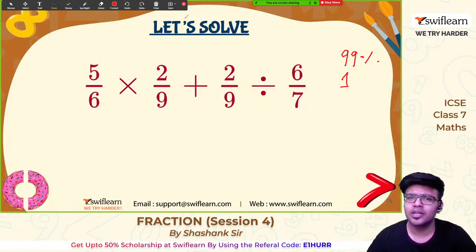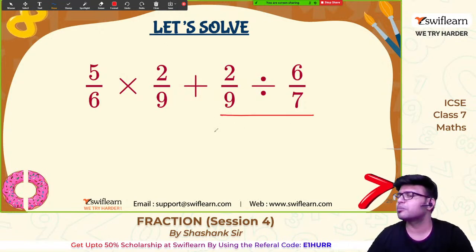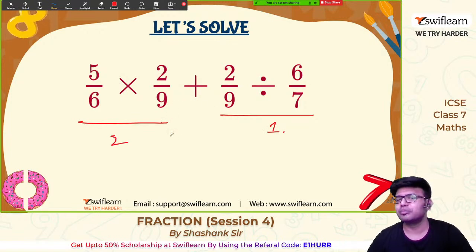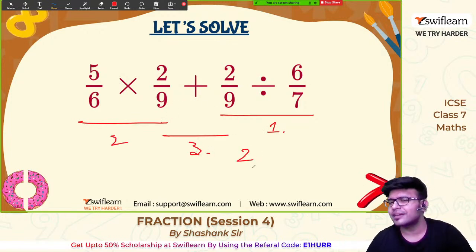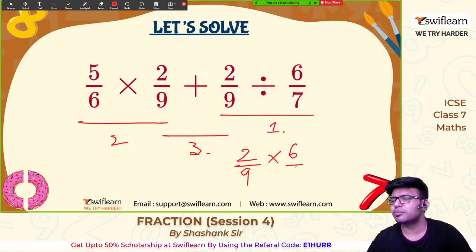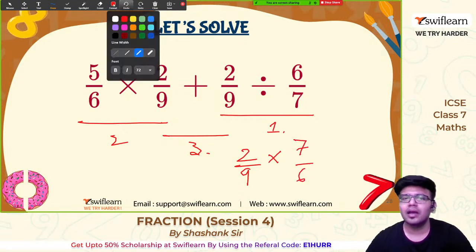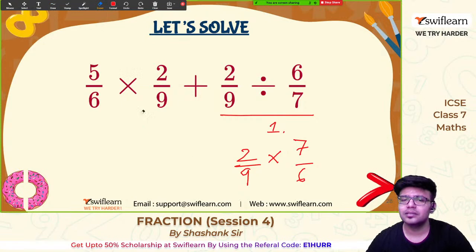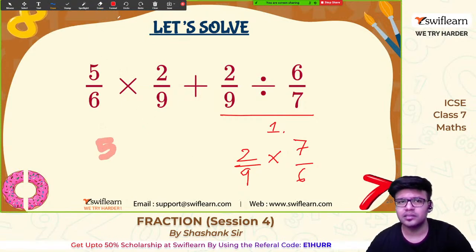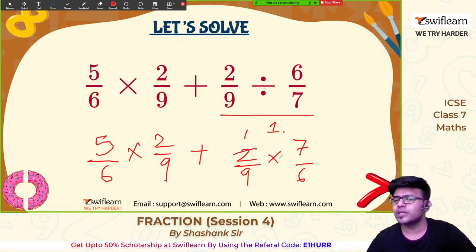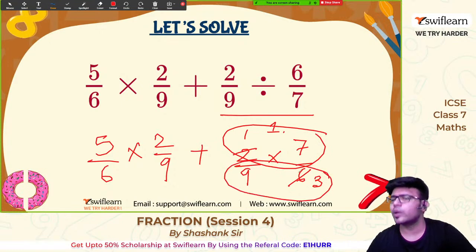Yes, solve this. The first thing which you need to do is the division part, then the multiplication part, then the addition part. So 2 by 9 into 6 by 7, divided by 7 by 6, so it will be 7 by 6, and write the remaining thing as it is. 5 by 6 into 2 by 9 plus this thing. 2 ones are 2, 2 threes are 6, so 1 times 7 is 7, 9 threes are 27.